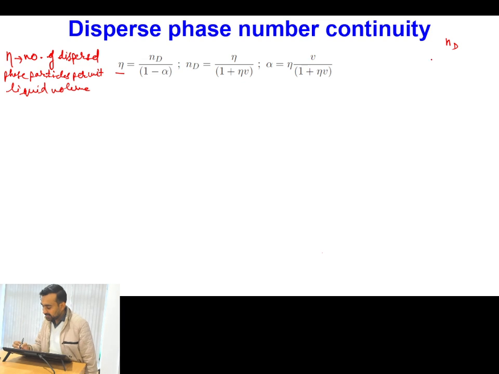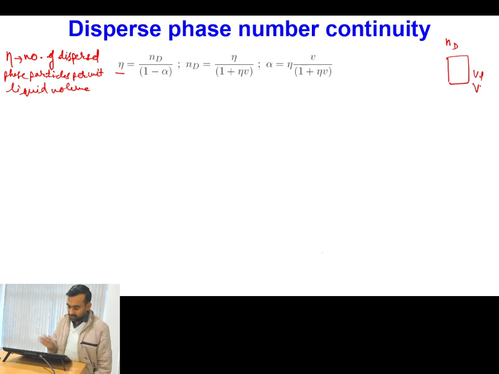So for a control volume having VL as liquid volume and V as total volume, I can represent that eta into VL will be equal to nd into V. What will be nd into V?